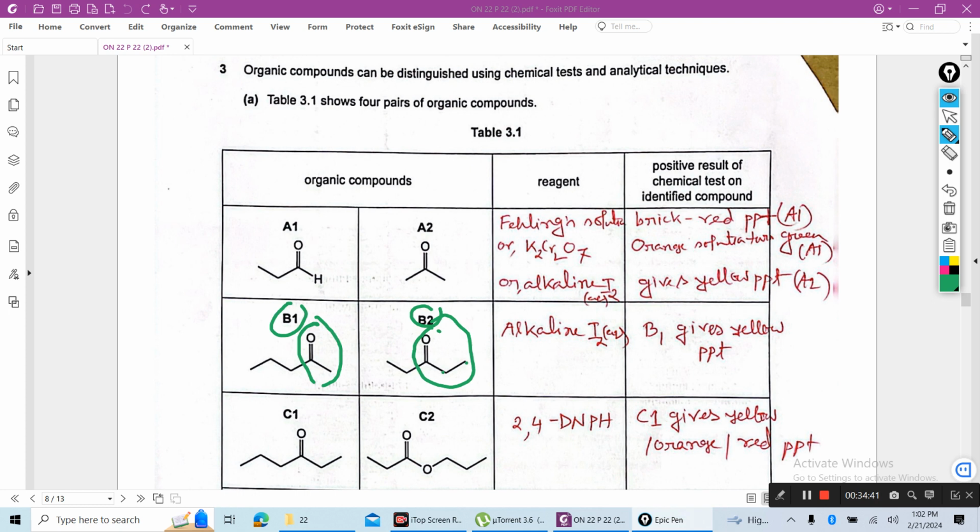So you can distinguish with alkaline aqueous iodine, I mean the iodoform test. Methyl ketone gives a yellow precipitate. So you can distinguish B1 and B2 easily with the iodoform test.